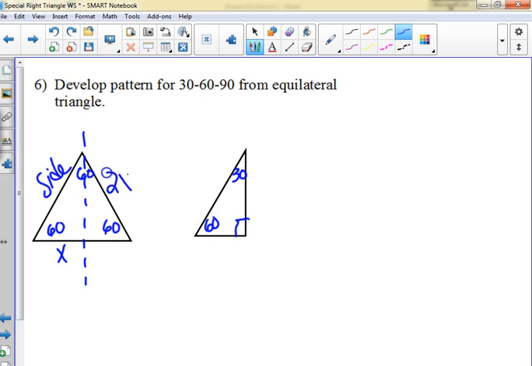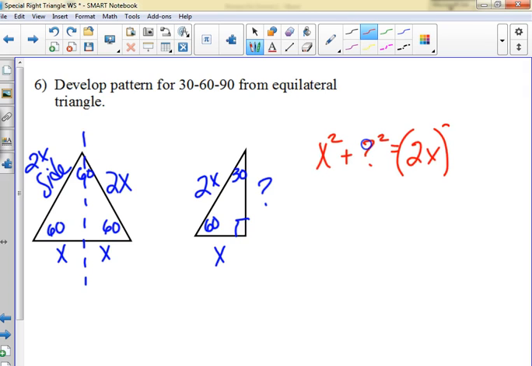Then this whole thing is a 2x over here and a 2x over here and x here. Is that better? Okay, so we have a 2x and an x and this other mystery. On this little guy right here, we'd have leg squared, this guy down here, right? Plus question mark squared equals 2x squared.